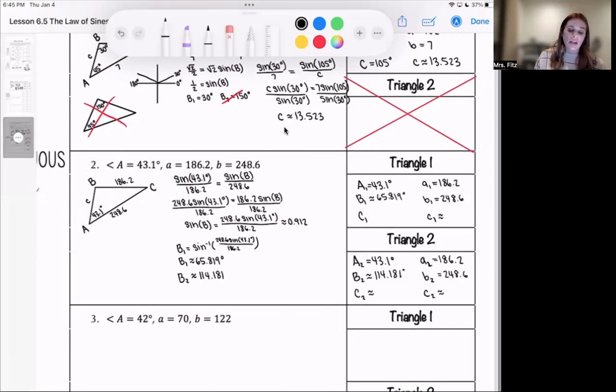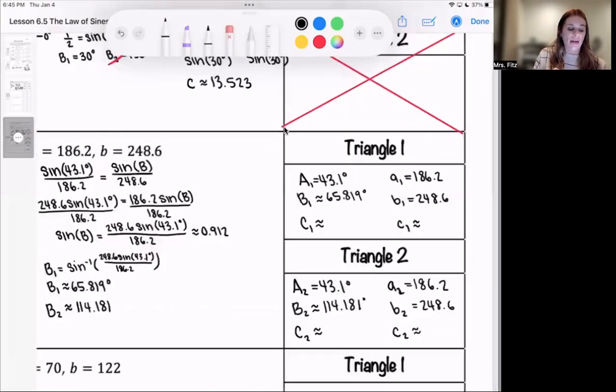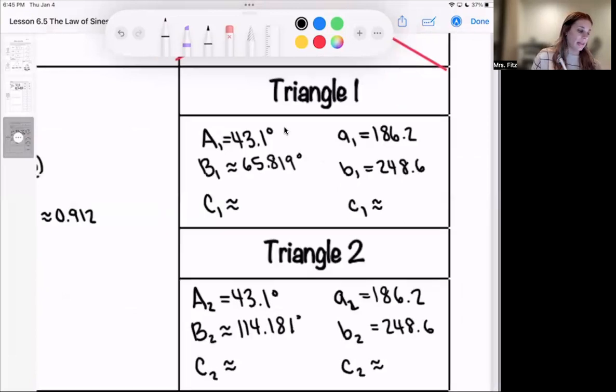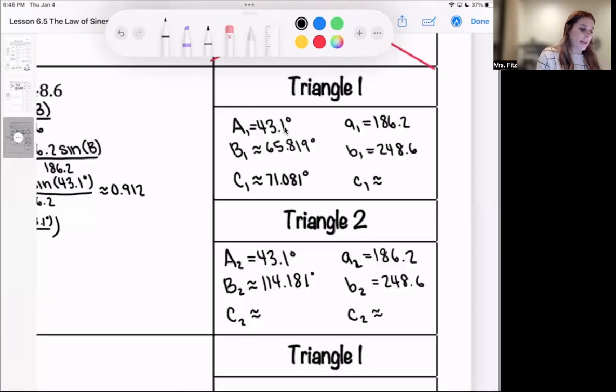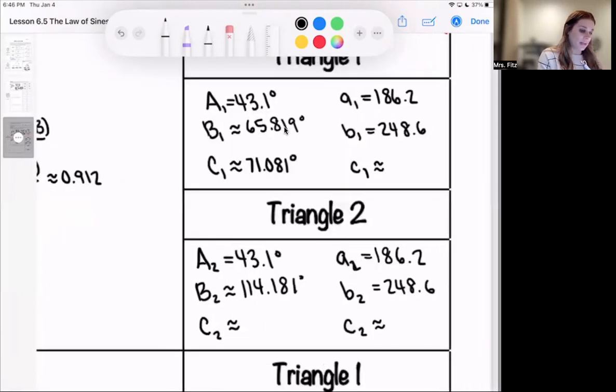Okay, so you can use triangle angle sum to find those third angles for both of your triangles. So if you do that, 43.1 plus 65.819, subtract that from 180, and you get 71.081 degrees.